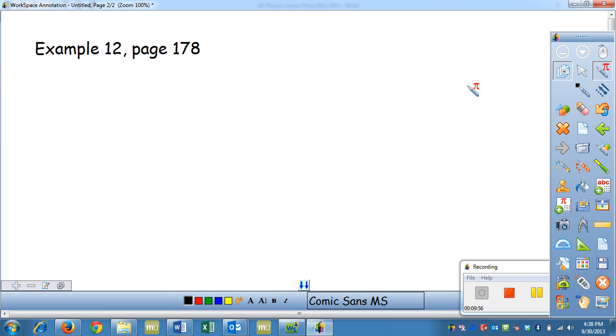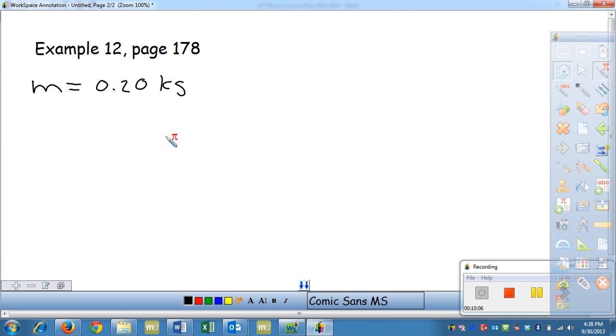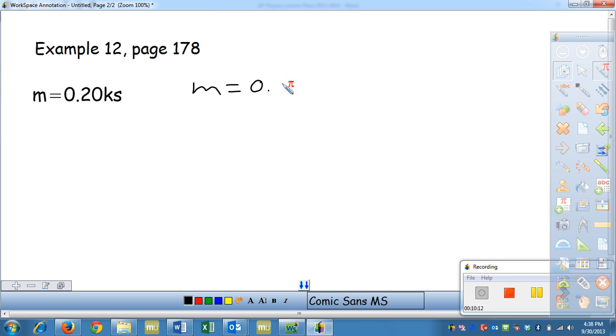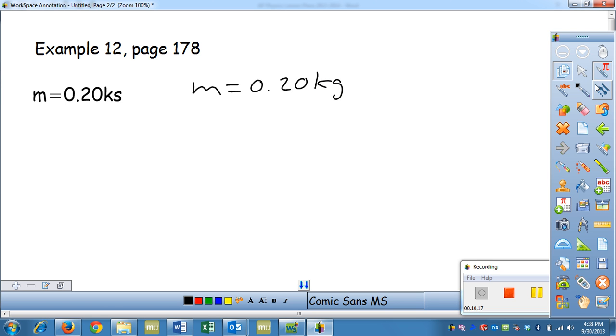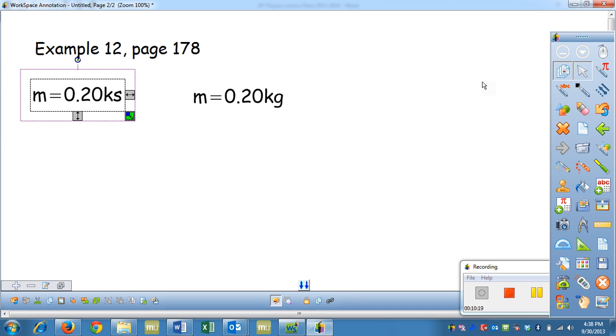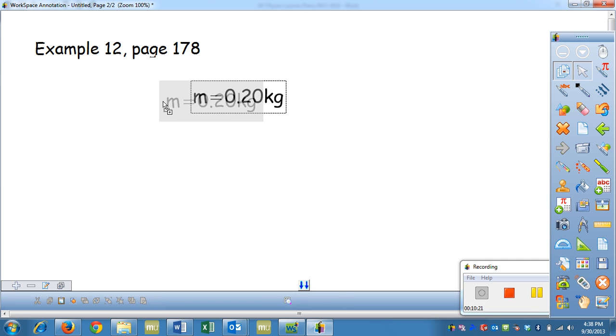Maybe we can just go ahead and do this. So let's see. Mass equals 0.20 kilograms. Now, what else have we got?